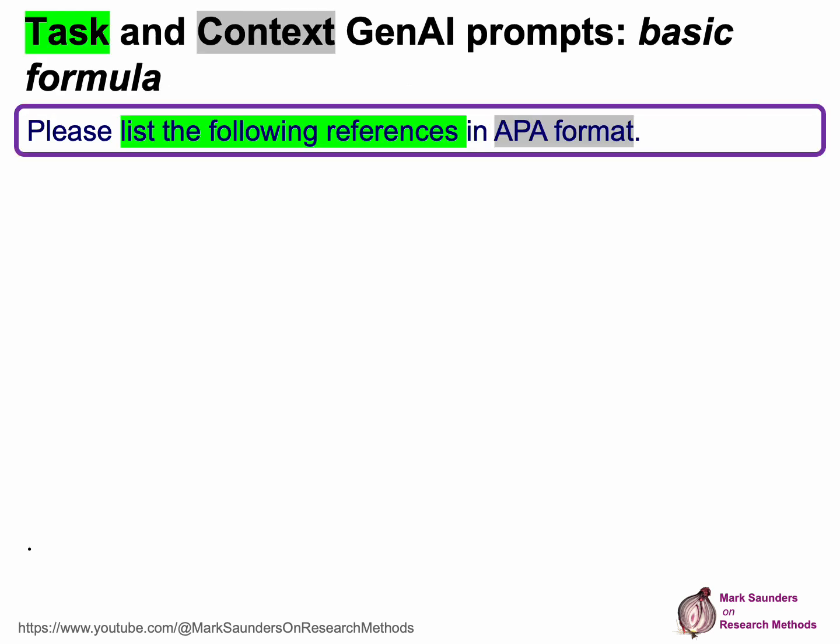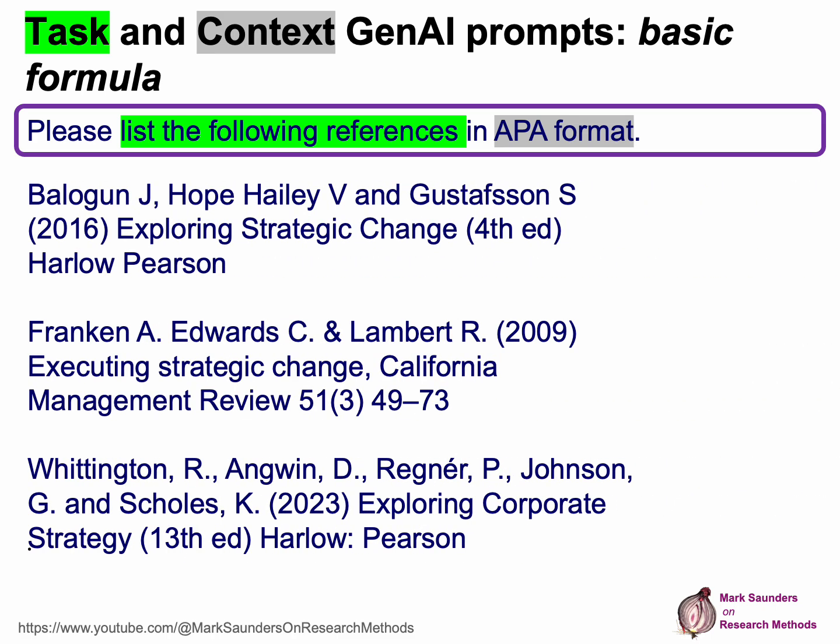So let's give GenAI a basic task, and the task we want to give it is to list a series of references in APA format. So we specify the task as listing the following references, and the context is APA format, and then we give it our original list of references. And here we have 3 references, and if we look at them, we'll notice that first of all these references are inconsistent.